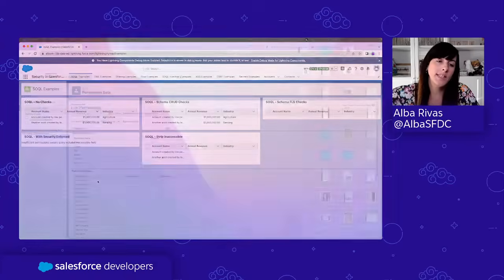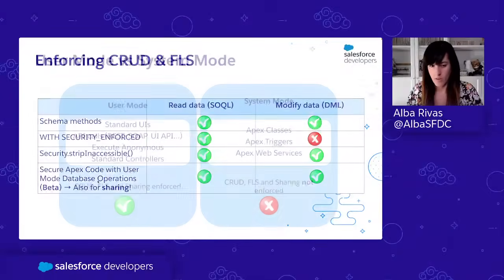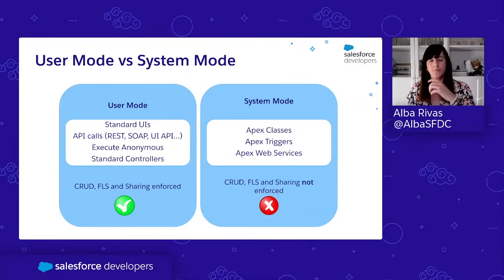Yes, Santanu, this is because all the things that you configure in your permission set and profiles are going to be enforced when you do things in user mode. This is when you are using the standard UI, the APIs, etc. But in Apex, by default, those checks are ignored, are not enforced, and you have to do it yourself.